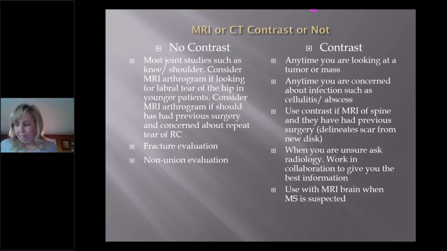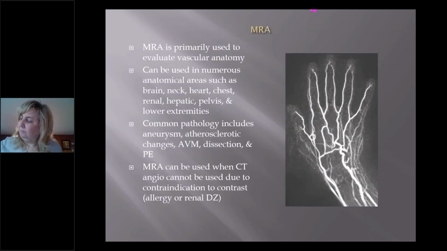So if you really are thinking MS on a patient, then either order MRI with MS protocol or MRI with and without IV contrast, evaluate for MS, so that the radiologist knows what you're looking for. Does this patient just have headaches, or has this patient got neurologic findings that you're worried about, space occupying lesion, MS? What are you looking for? Because the more you can tell them, the more they can do to give you a definitive answer.